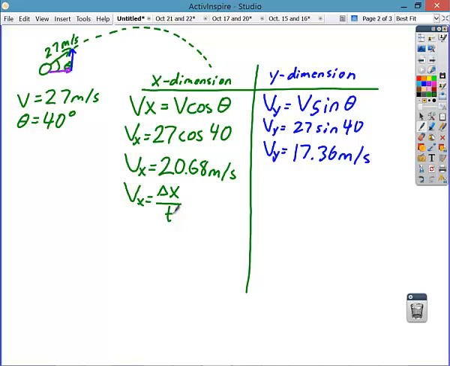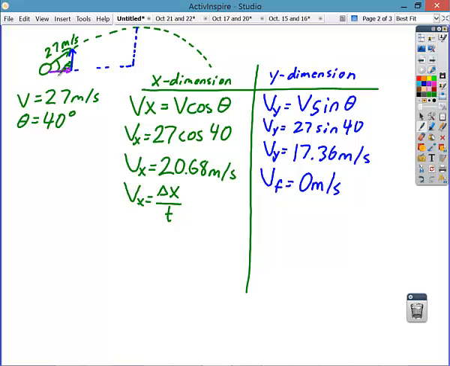So we're going to go over to the y dimension. In the y dimension, I know this. This is my initial velocity, right? What's the final velocity going to be in the y dimension? When this thing reaches the top, our velocity is how much? 0. Okay? So what we're going to do, guys, is split this up to just half of the problem.